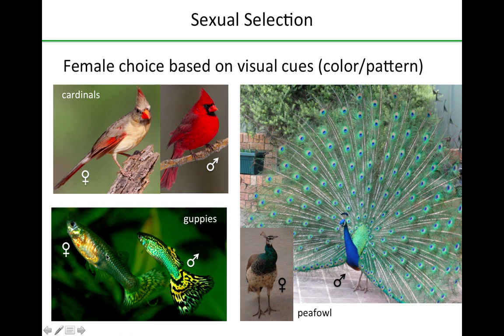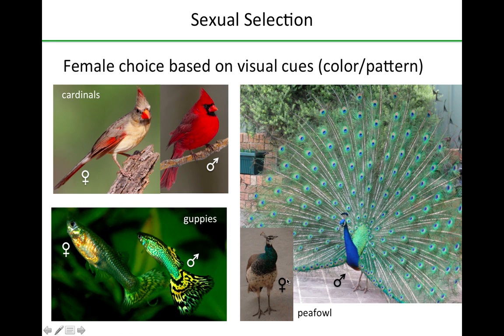If we look at guppies, the female guppy looks like this over here on the left. The male tends to be much more brightly colored with lots of spots. Males with more spots tend to get more matings with females. And then, of course, the textbook example of sexual selection is the peacock.